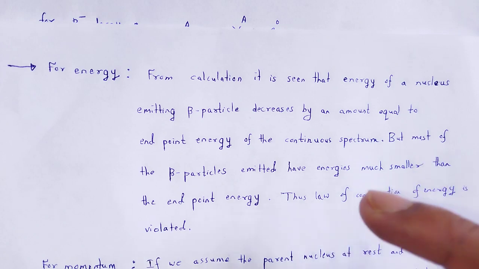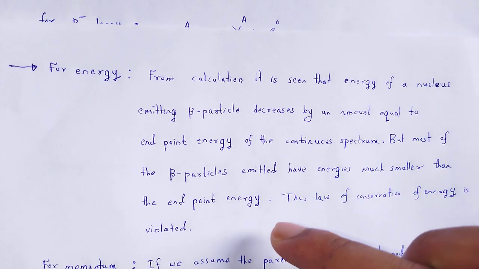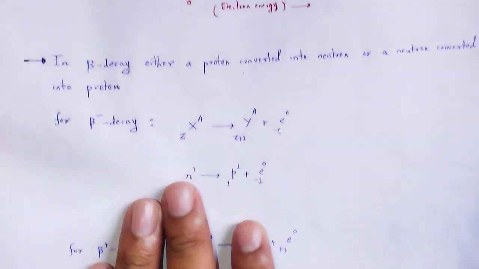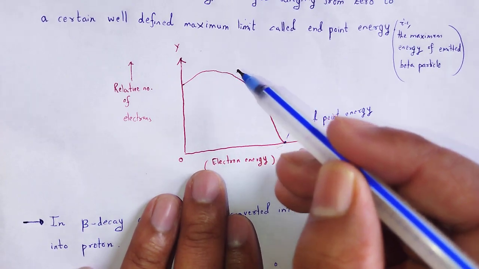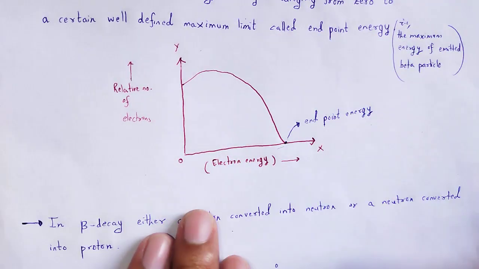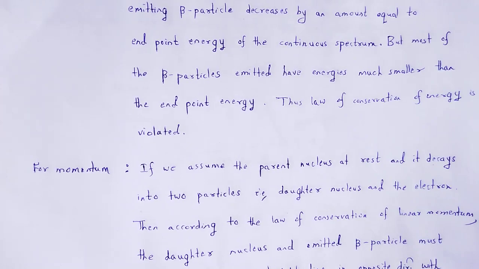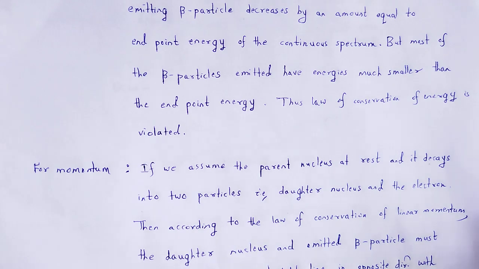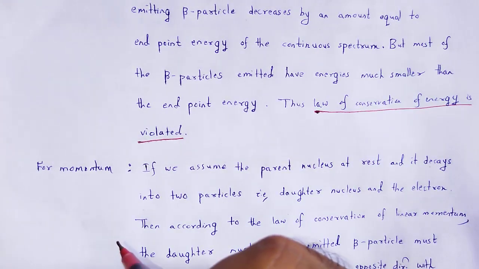But most of the beta particles emitted have energies much smaller than the endpoint energy. Most of the beta particles have energies in that range. Therefore, the law of conservation of energy is violated.